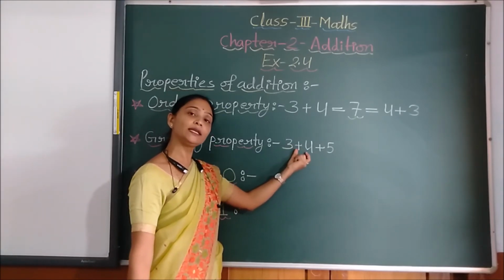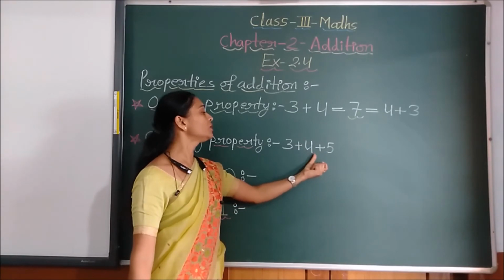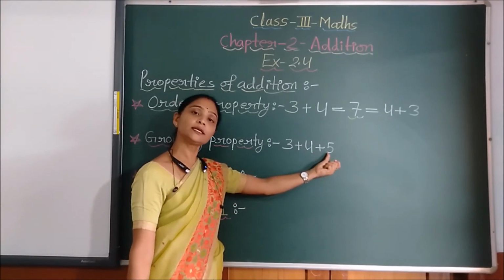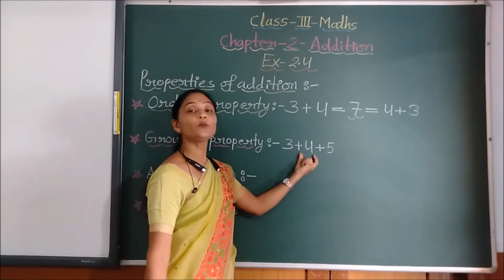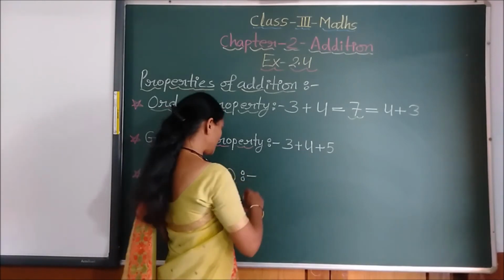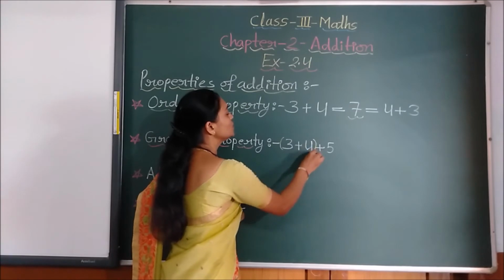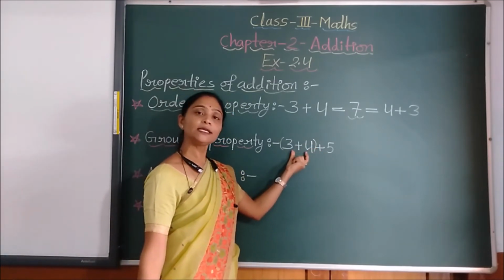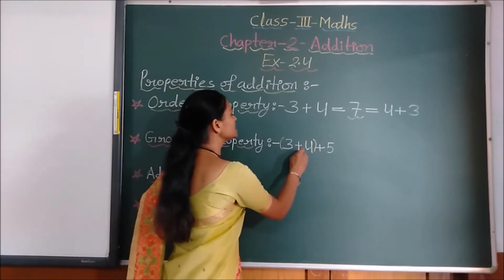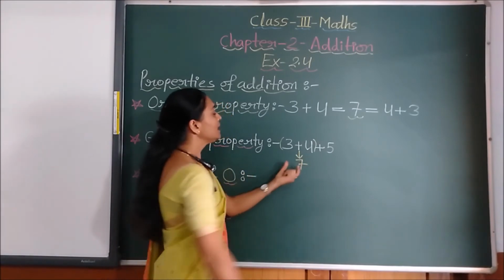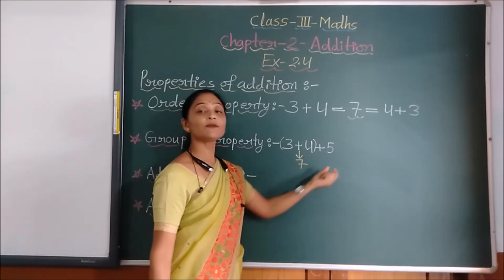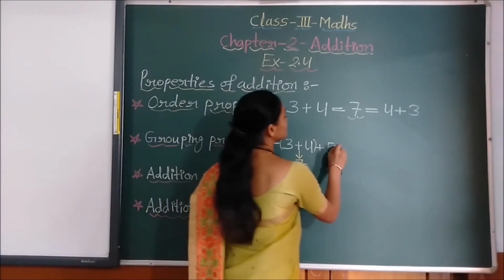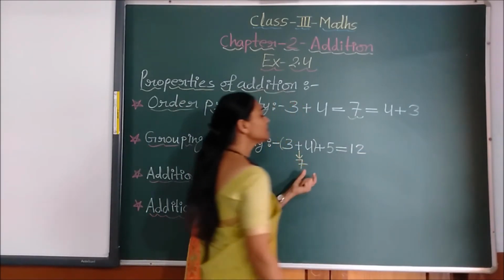First we have to add any 2, and with the sum of those 2 numbers we have to add the third one. So suppose we are making the group of these 2 numbers. First we will add these 2. 3 plus 4 is 7. Now this 7 we have to add with this 5. 7 plus 5 is 12. So we got here 12.